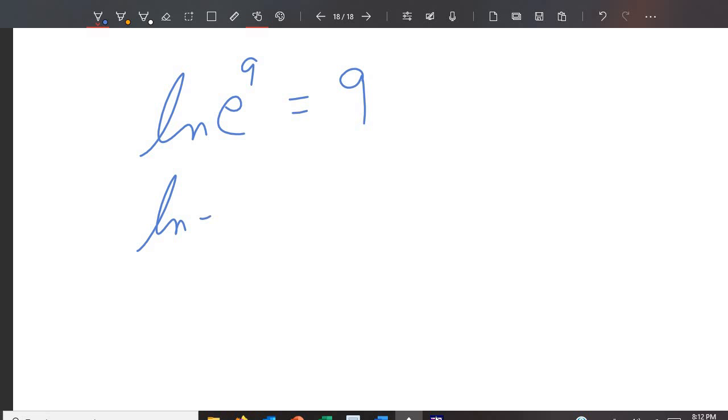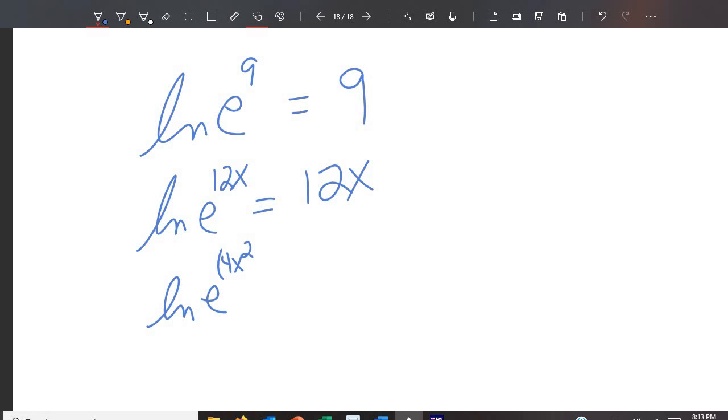So let's say I had natural log of e to the 12x power. My answer is automatically just 12x. The ln and the e cancel themselves out. Let's say I had natural log of e to the 4x squared minus 7x power. Well, guess what? That's just going to turn out to be this.